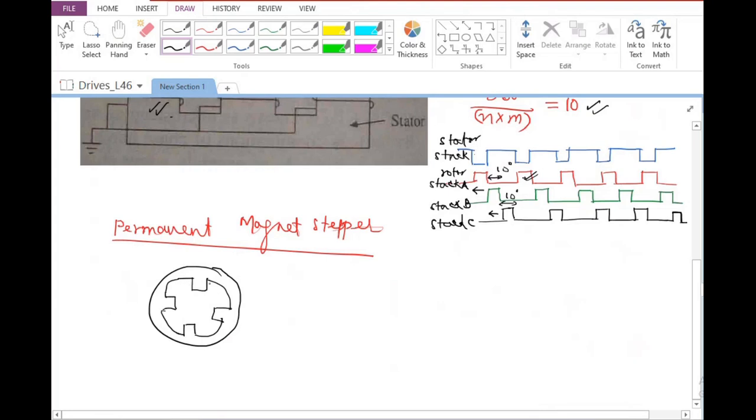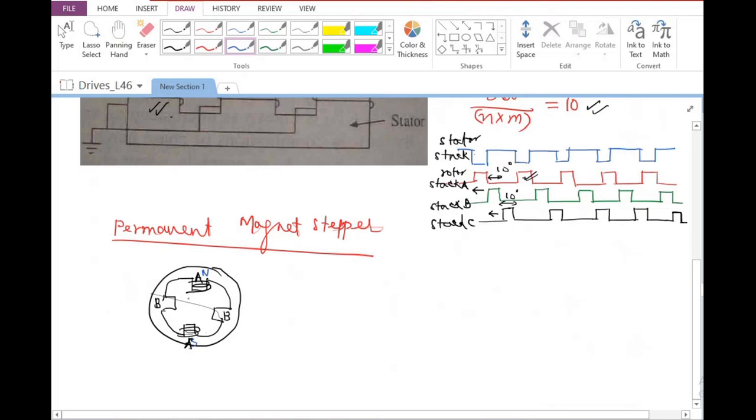So let us say I call this A and A dash, and I call this B and B dash. And I'm going to have A and A dash with a winding in this particular configuration. So when I energize A and A dash, let us say this makes a North Pole and this makes a South Pole here, maybe.